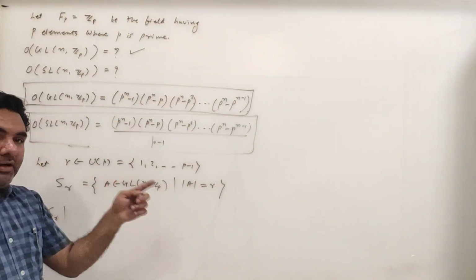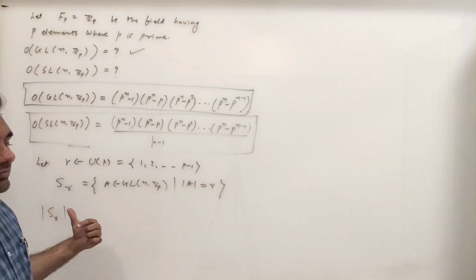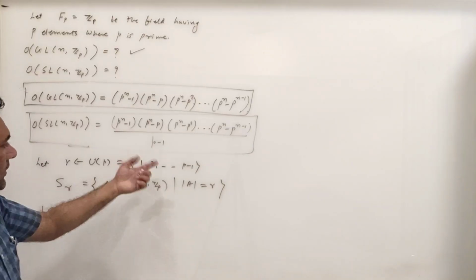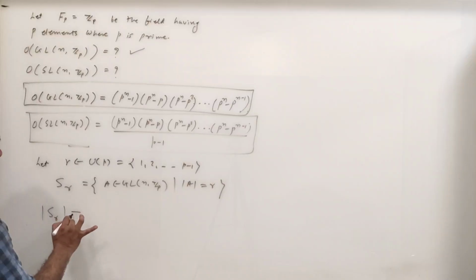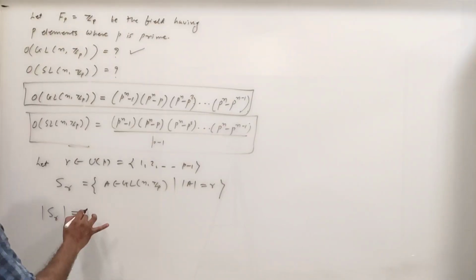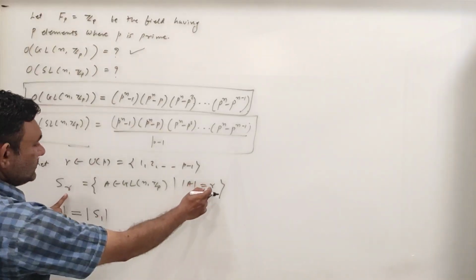If r equals 1 then it is a subgroup, in fact it is a group, right? But for other r, I can't say it is a group. So let me use the symbol cardinality. Cardinality of Sr will be what? It will be the same as cardinality of S1, and S1 means determinant is 1.